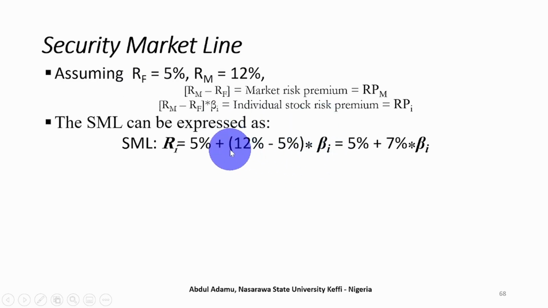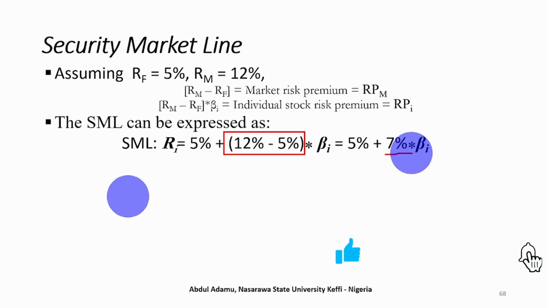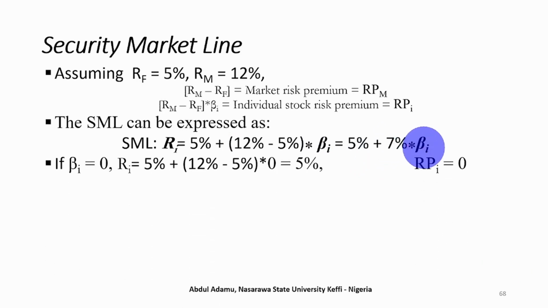Subtracting 5% from 12% gives you the 7% which we have here. So that makes our line 5% plus 7% multiplied by the beta.